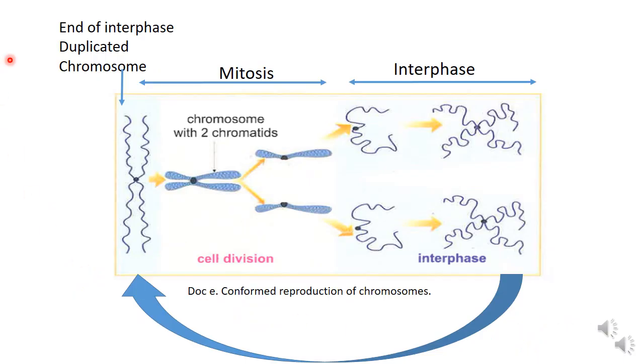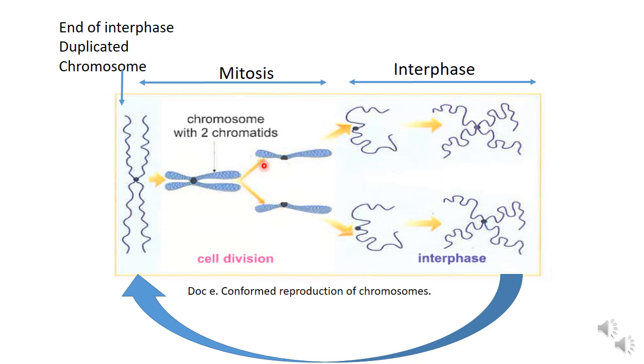This is document E from your book on page 161, which explains very clearly how chromosomes reproduce in a conformed way. What do we mean by conformed reproduction? It means that every chromosome makes an identical copy of itself. Look at the document, please. This is the duplicated chromosome at the end of the interphase. It condenses, and then during mitosis, and mainly during anaphase, as you can see, it divides by splitting of the centromere.